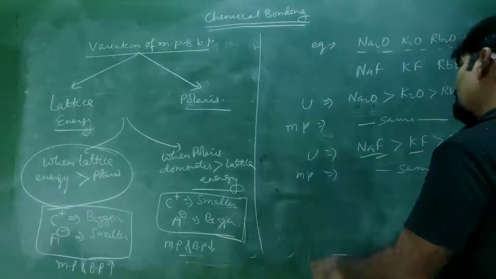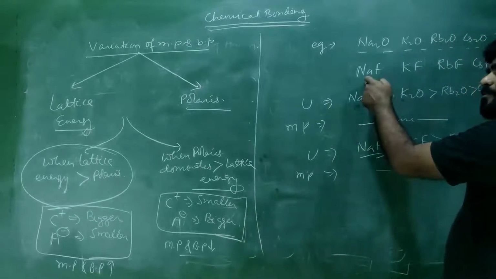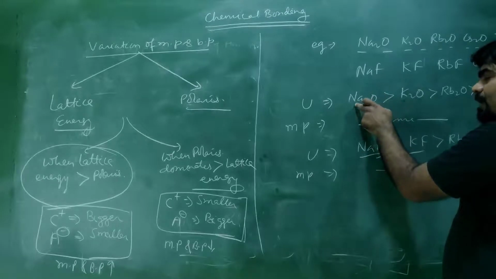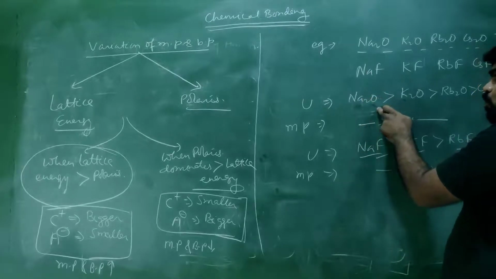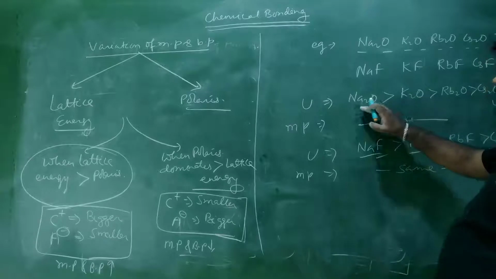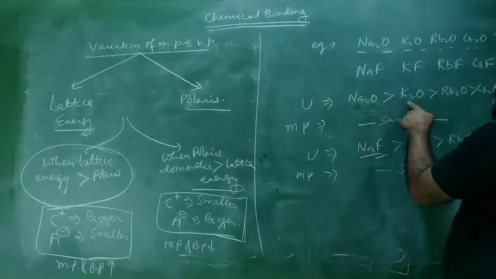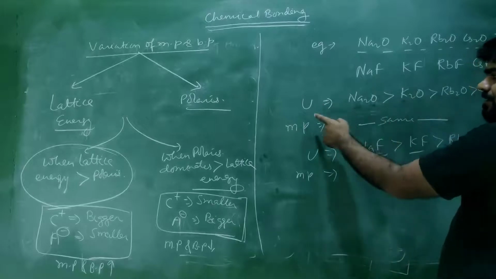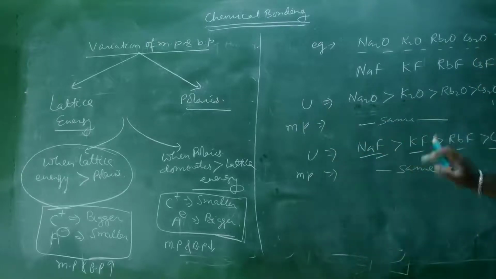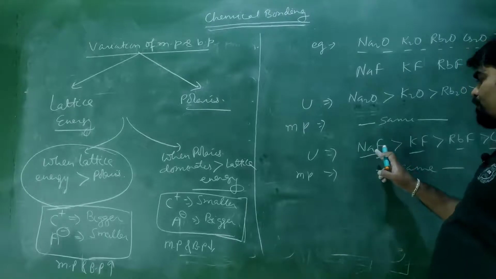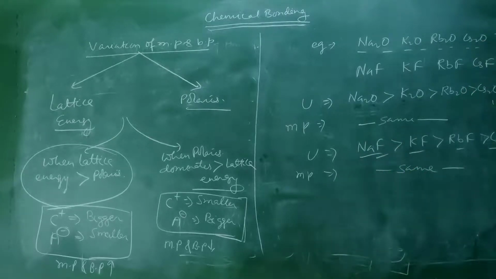Now, in this case the product of charge is more. Na+ and O2-: 1 into 2, the product of charge remains the same. The variation is of size only, and as the size increases, lattice energy, melting and boiling point decrease. Over here, there is Na+ and F-, the product of charge is less, that is 1 into 1.